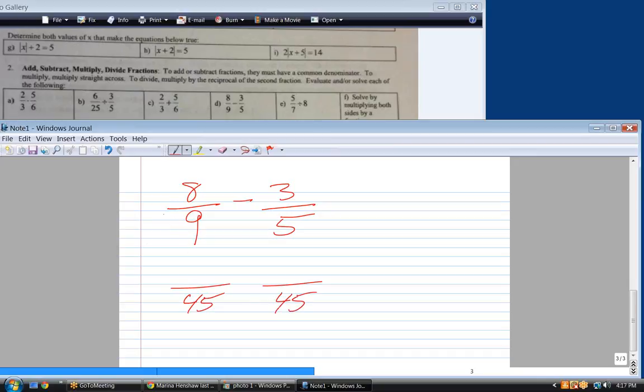So how much is 8/9 in terms of 45? 40 over 45. Okay. You divided that into that, multiplied it by that. And how about 3/5? 27 over 45. So that answer?